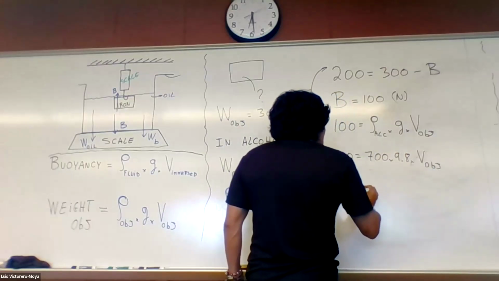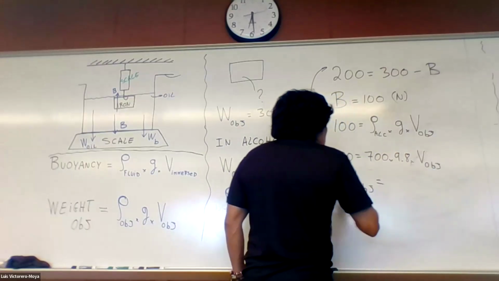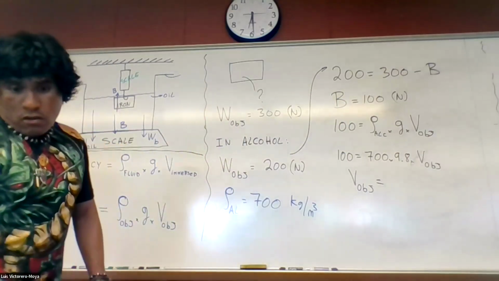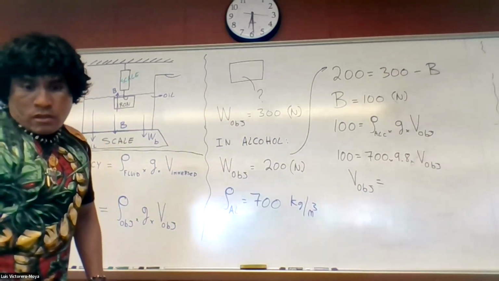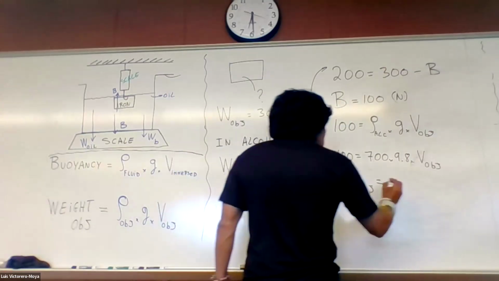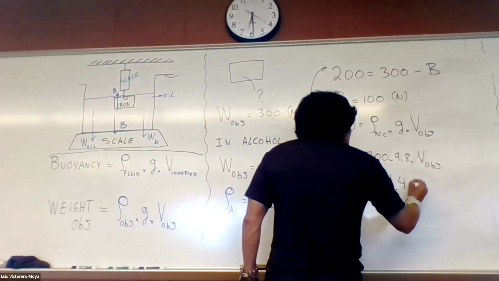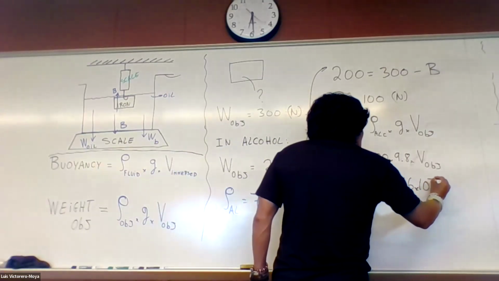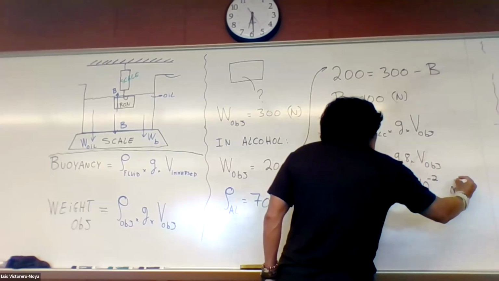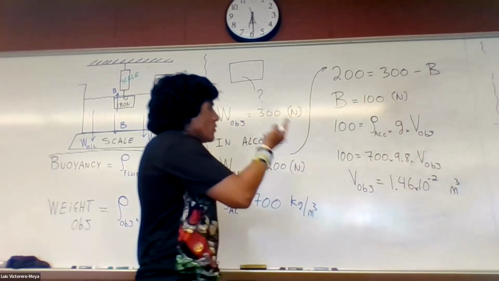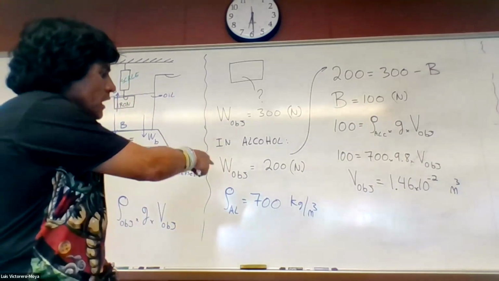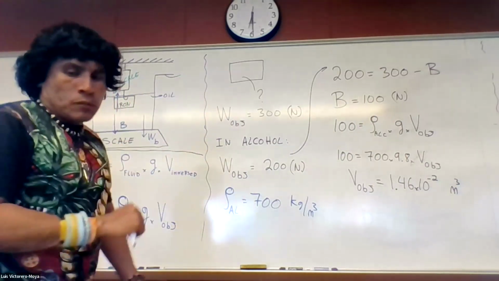So the volume of the object can be calculated very easily. About 1.46 times 10 to the negative 2 meter cube. That's because everything is in newtons, kilograms per meter cube, so that's meter cube.